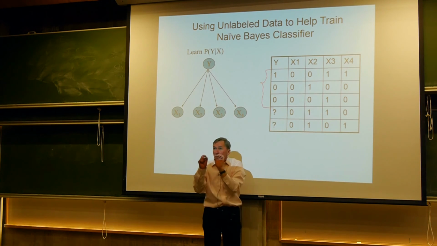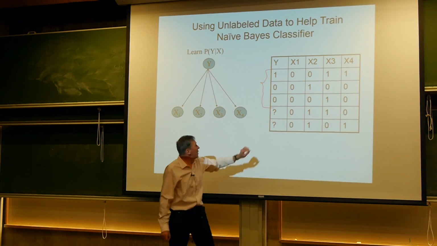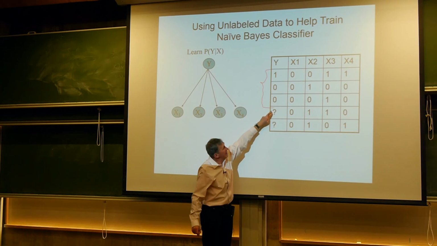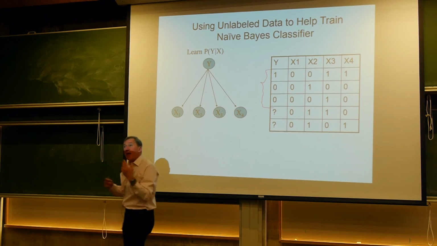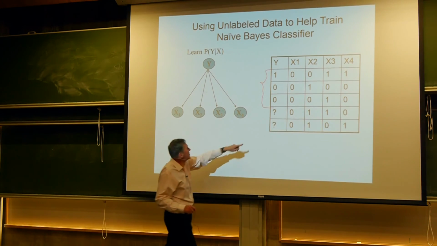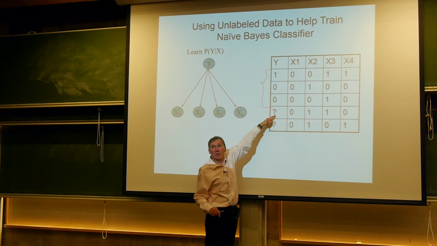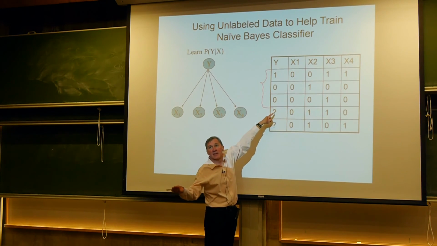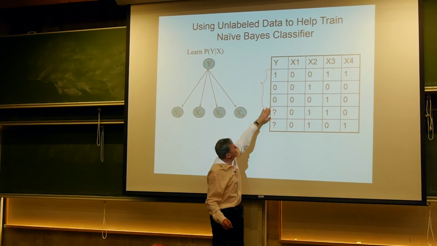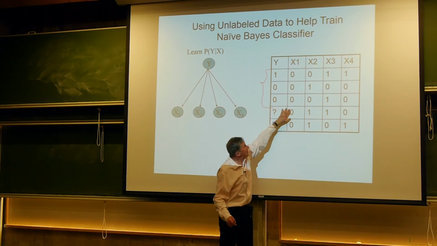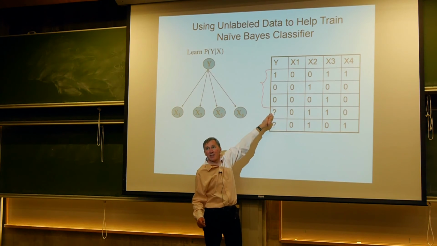In fact, we predict the probability that y will be 1 here and separately here, and we predict the probability that y will be 0, which is just 1 minus that. And then we use those fractional counts. Suppose here we predict the probability that y equals 1 is 0.8. Then this becomes 0.8 of an example for y equals 1, and 0.2 of an example for y equals 0.